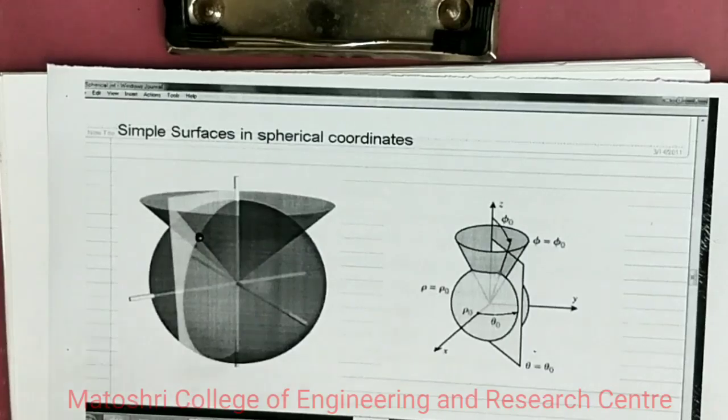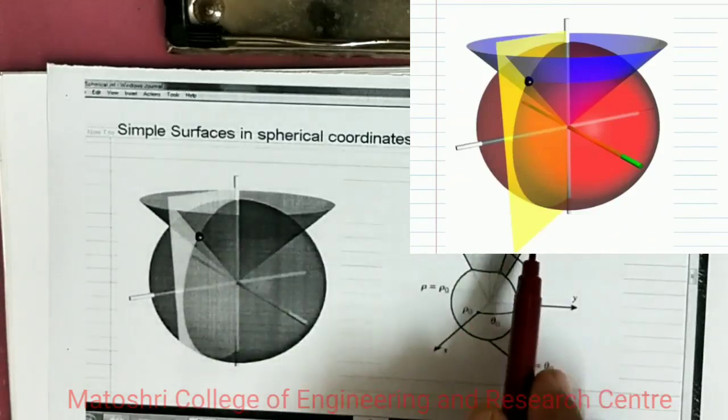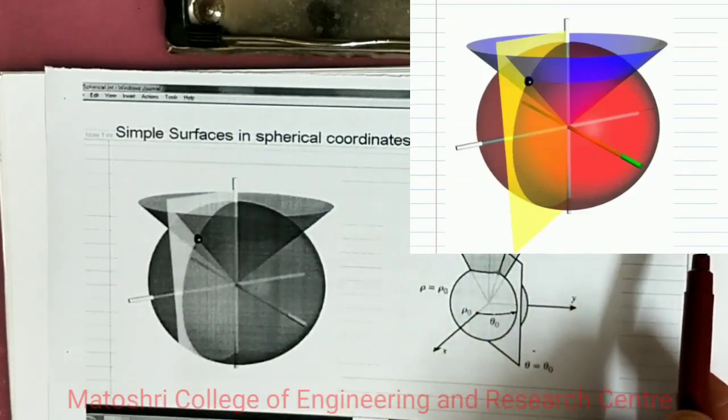Now the probable location of the point is on the entire surface of the sphere. To restrict the location, we need to specify the 2 angles. One is the azimuth angle phi, which is similar to the angle used in the circular cylindrical coordinate system, and the third one is another angle, theta.